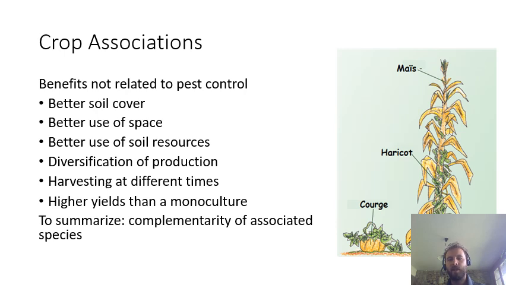For instance, you can intercrop salad with cabbage. There are also some other advantages of the association, but mostly you will use the space between the cabbage to grow salad before the cabbage is big enough to cover the soil.